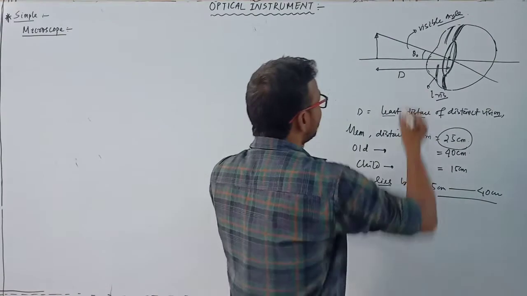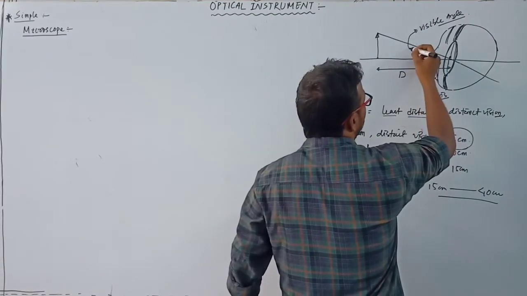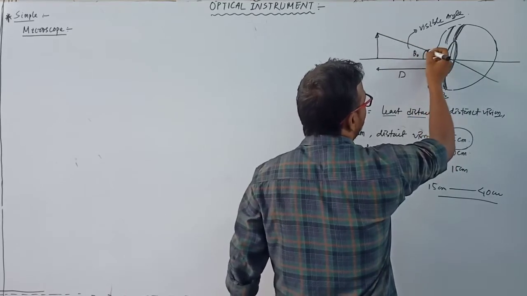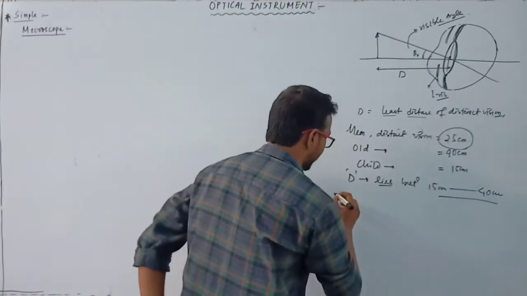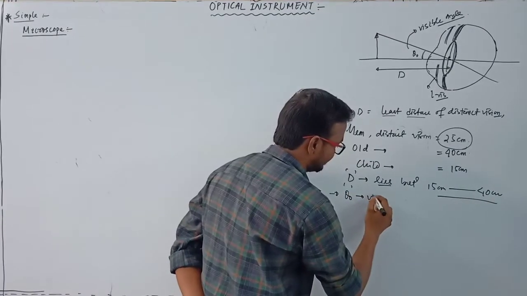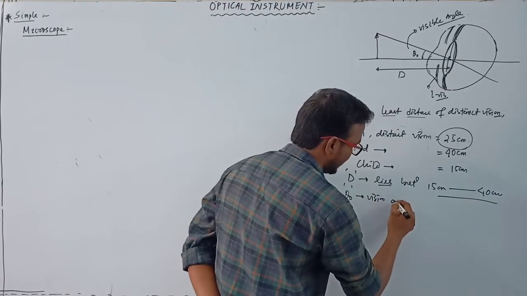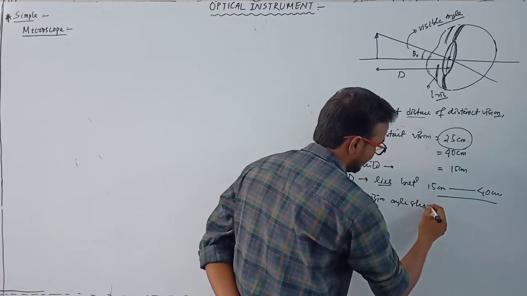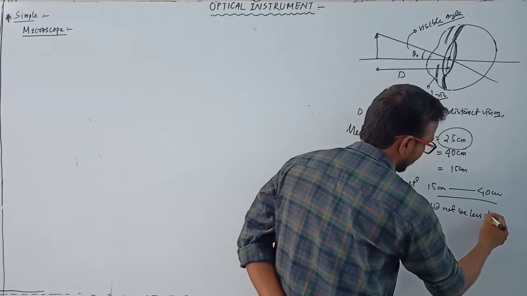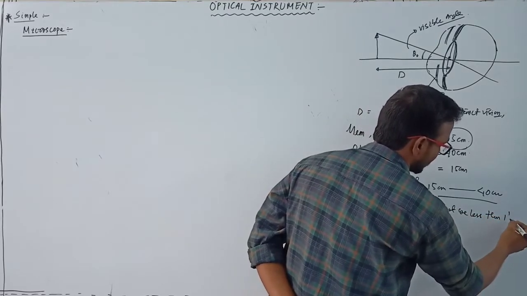And there is another condition so that we are able to see the image of an object: the angle, the vision angle theta naught, should not be less than 1 minute.